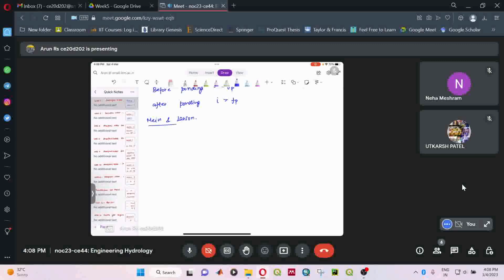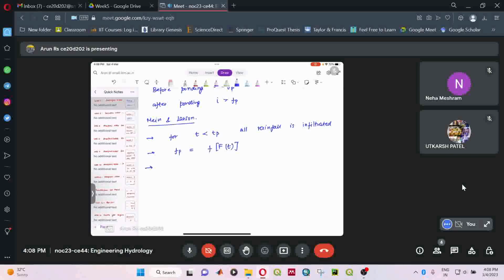Here we have three assumptions involved. The first assumption is that for time less than the ponding time, all the rainfall is infiltrated. The second assumption is that the potential infiltration rate is a function of the cumulative infiltration depth.